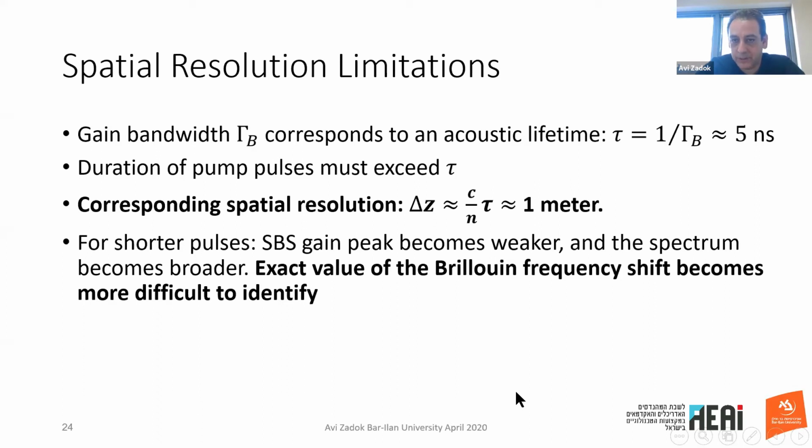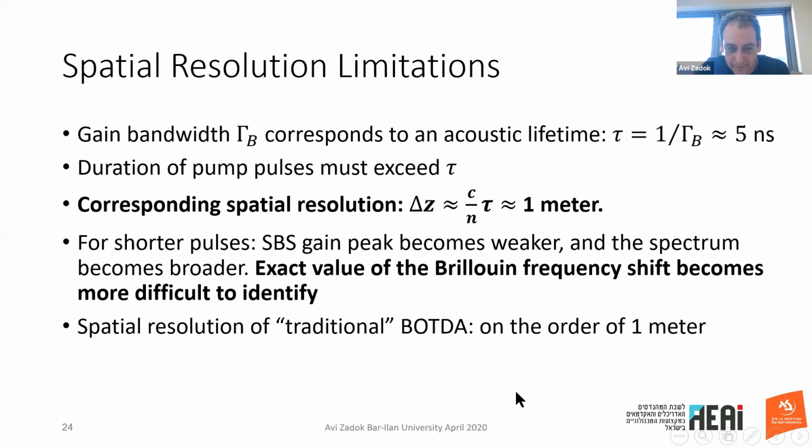Because in order to see them, in a naive way at least, we will need a very short pulse, shorter than 5 nanoseconds. And if that pulse is indeed that short, then the entire process of SBS is not kicking in in a very effective manner. So this is why, if we speak of traditional Brillouin analysis, it is limited to the scale of something like 1 meter.